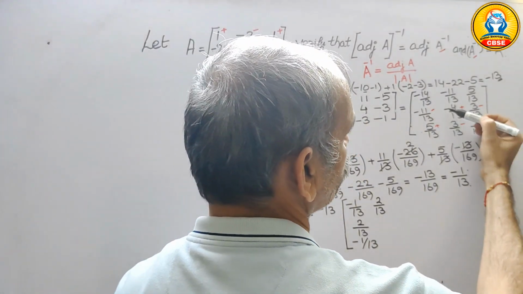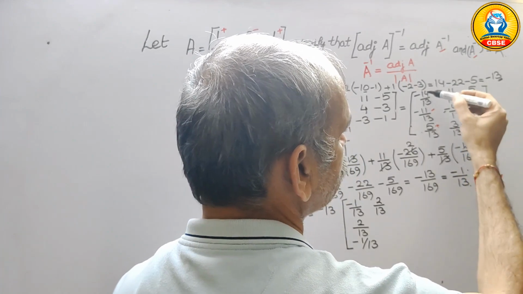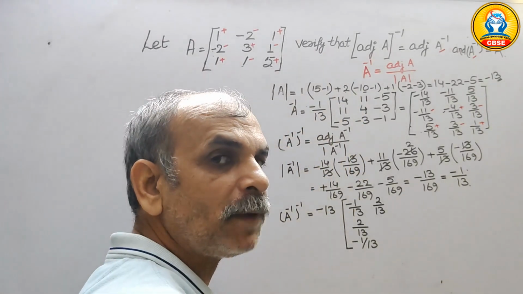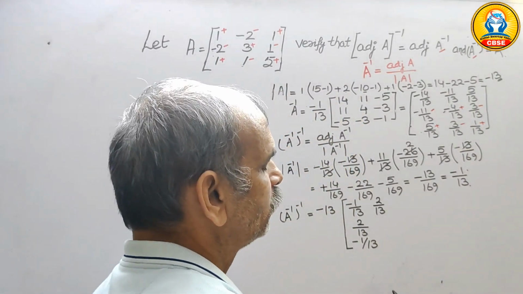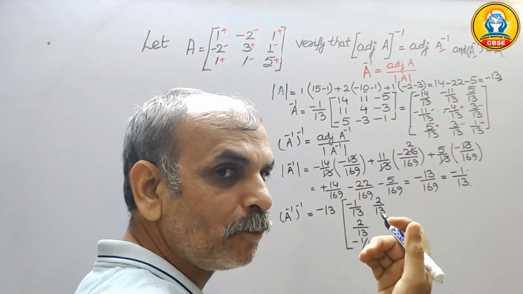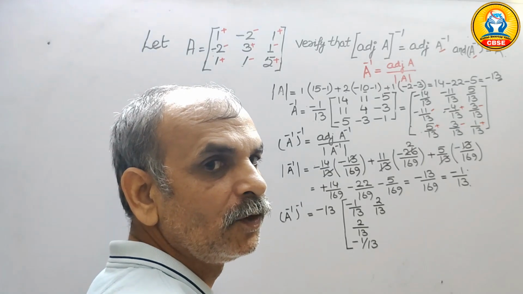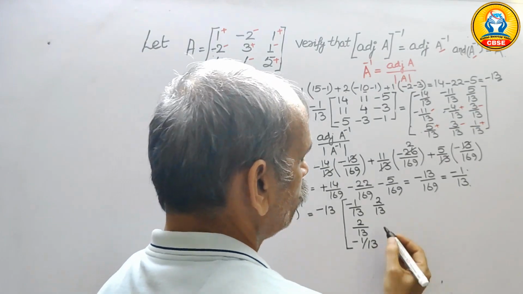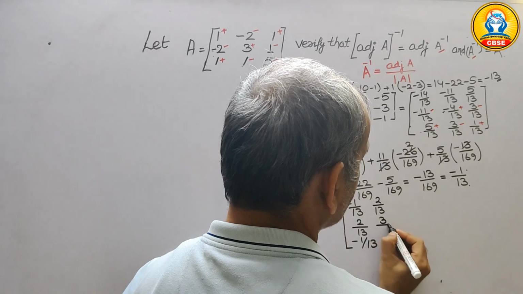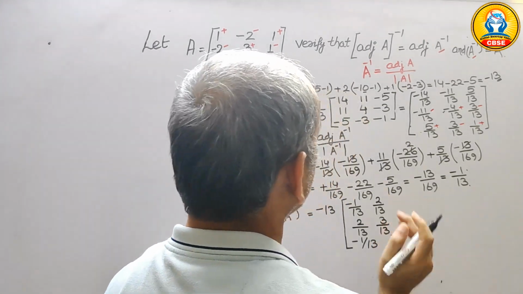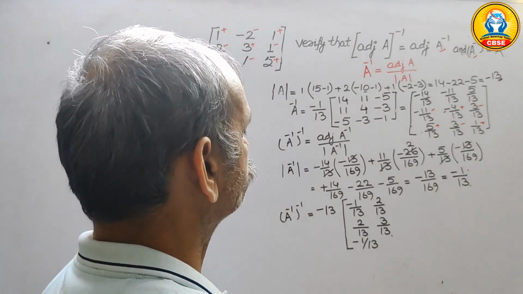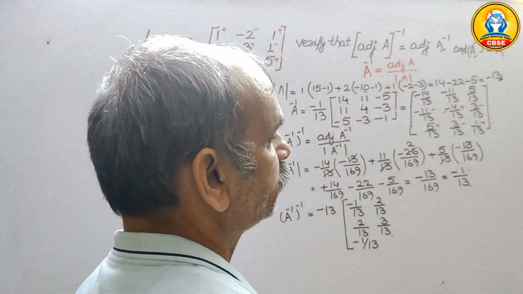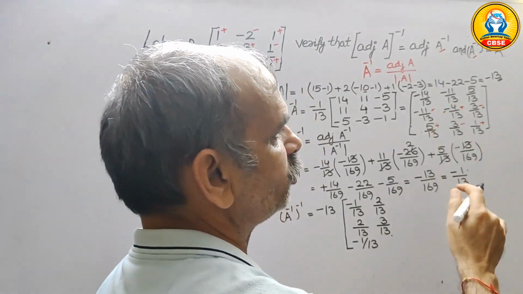Next is this position. That means minus 14 minus 25 is minus 39. So we will get minus 39 by 169. So that is 3 by 13. So this position is 3 by 13. Now, next comes this position, that is negative position.